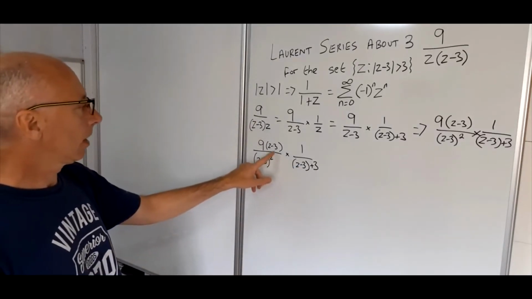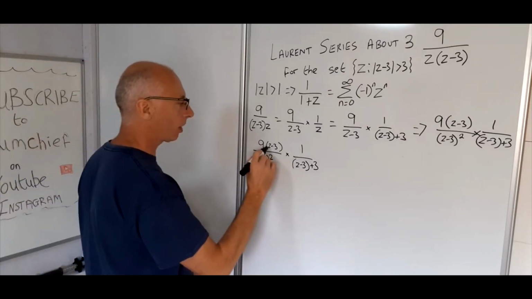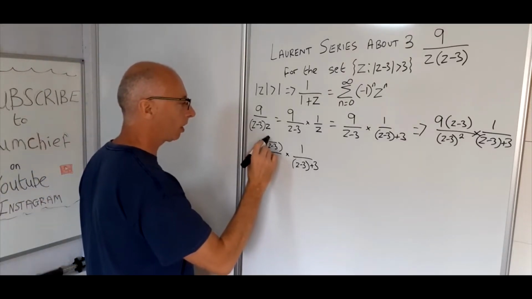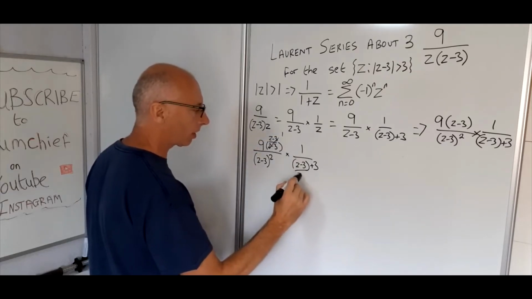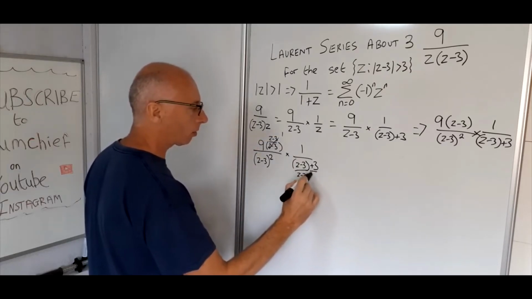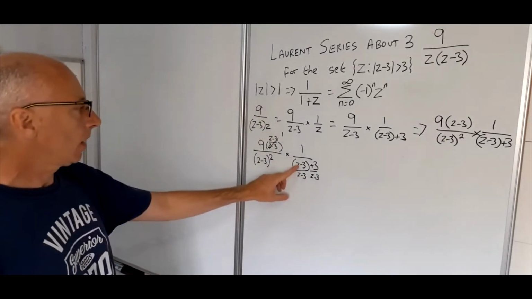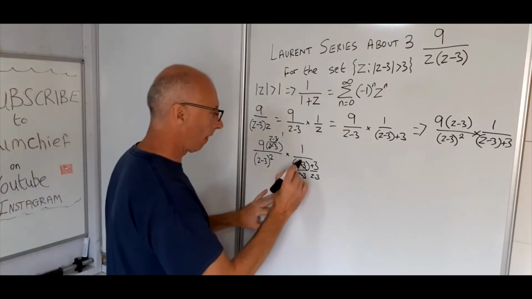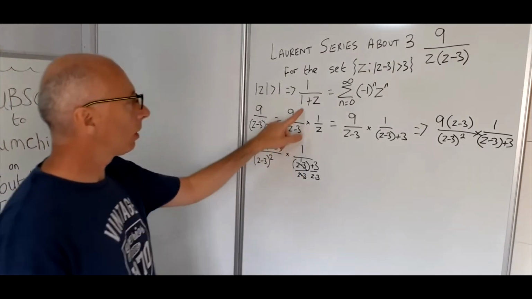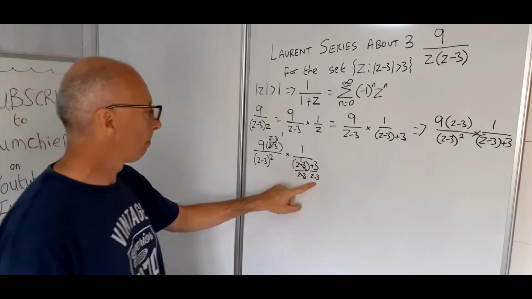Okay. Now this z minus 3, I'm going to divide this with this. So this one here can divide by z minus 3. So that will give us 1. And I'll divide this by z minus 3, and this one by z minus 3. So this will give us a 1. That will give us the 1 that we're looking for. And then we've got a 3 over z minus 3.